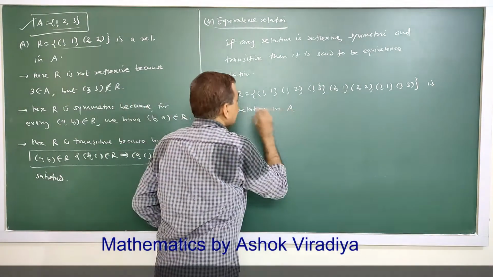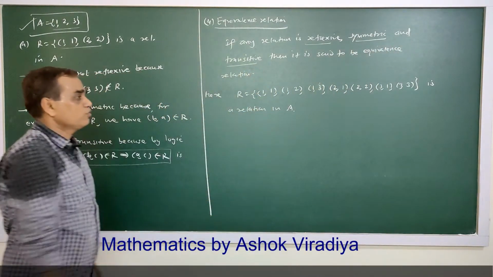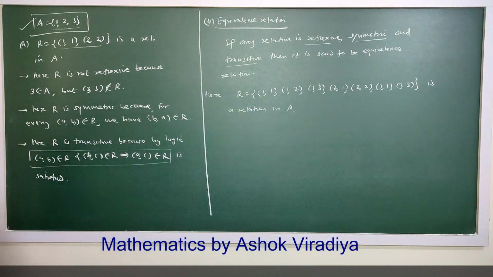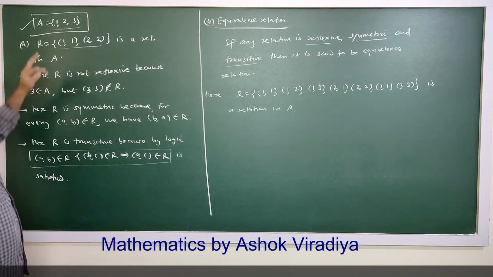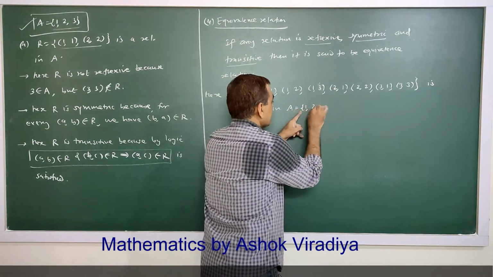Now, to check equivalence relation, we have to check these three properties: reflexive, symmetric and transitive. First of all, reflexive. Here this is a relation in set A. A is 1 2 3.